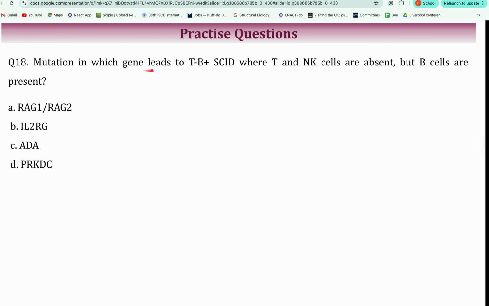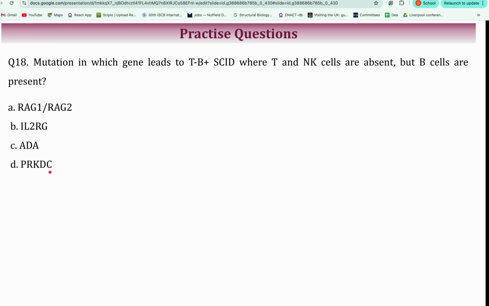Next question is, mutation in which gene leads to T negative B positive SCID, where T and NK cells are absent but B cells are present. So it's clear from this name only: T minus, B positive, NK minus SCID. Option A RAG1 and RAG2. Option B IL2RG. Option C ADA and option D is PRKDC.